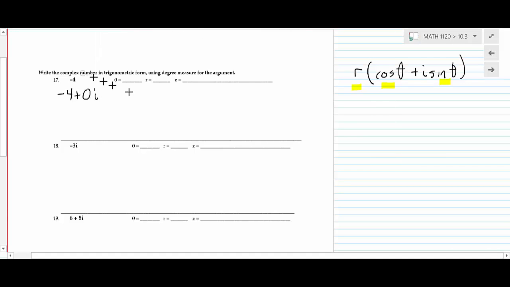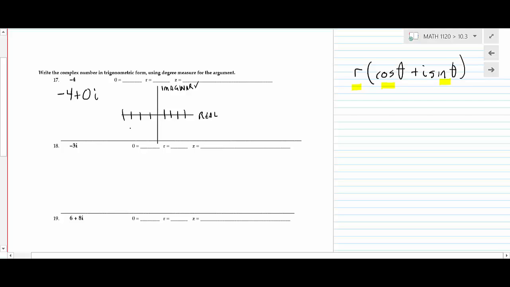Just graph your number on the complex plane. We spent a lot of time last class learning how to graph complex numbers. So it goes like this. This is your real axis, like we talked about, and then the y-axis becomes your imaginary axis. So if you're going to plot this number, tell me how you would plot -4 plus 0i. Just describe how you do that.